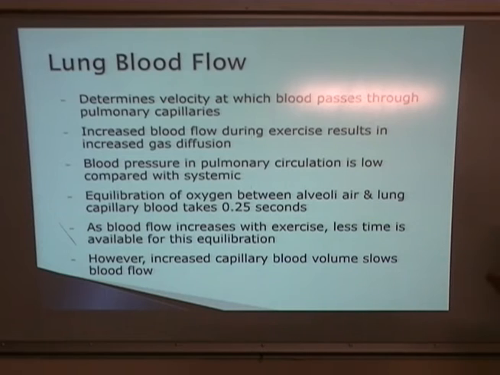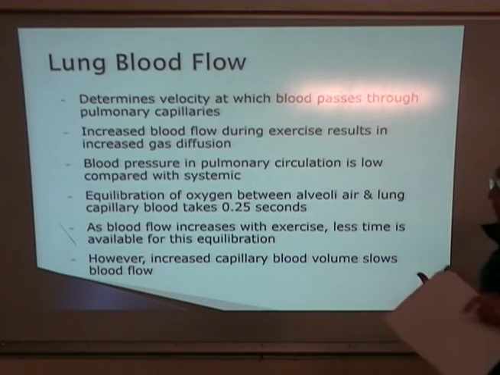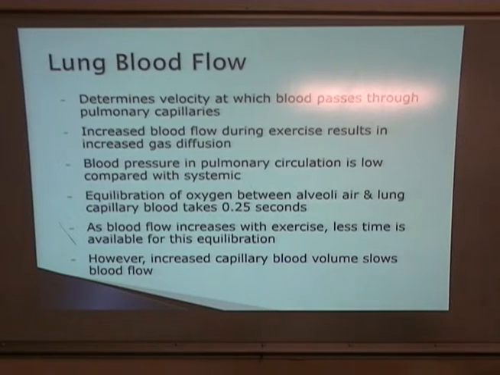When we exercise, we see faster pumping of the heart, so we get an increased blood flow around the body and an increased blood flow through the pulmonary capillaries, which enables them to pick up more oxygen as it flows through.